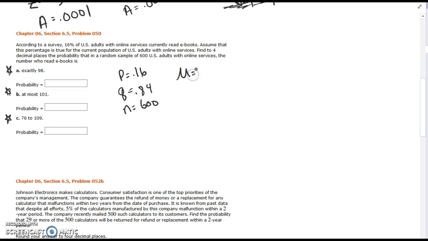So our mean is going to be 600 times 0.16, which gives us 96, and our standard deviation is the square root of 0.16 times 600 times 0.84, which would give us 80.64 for the variance.